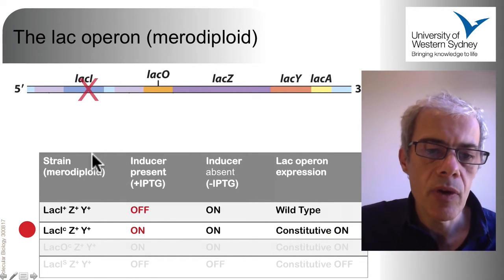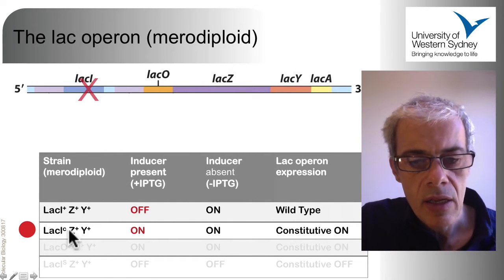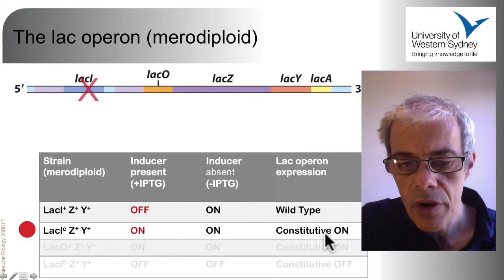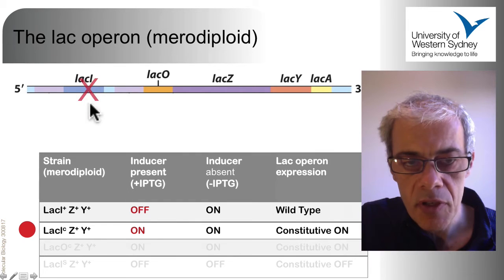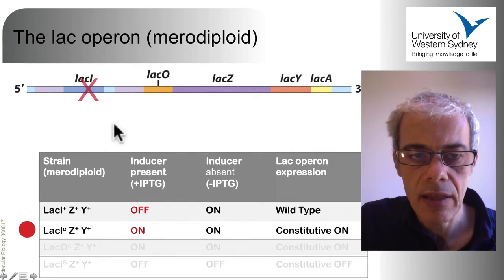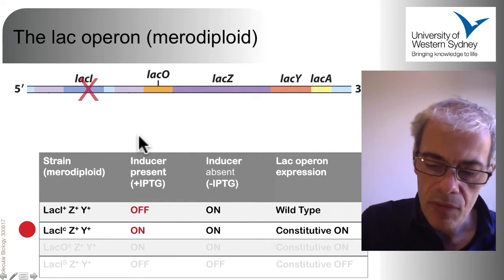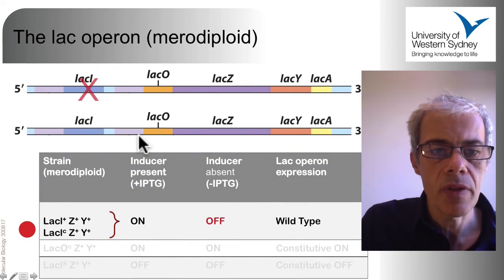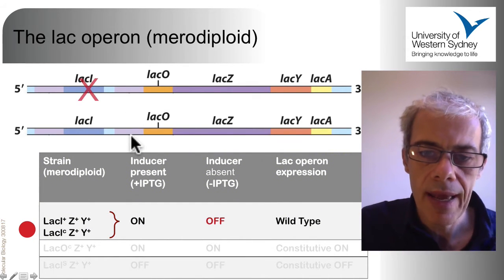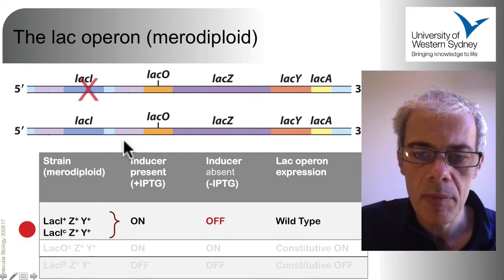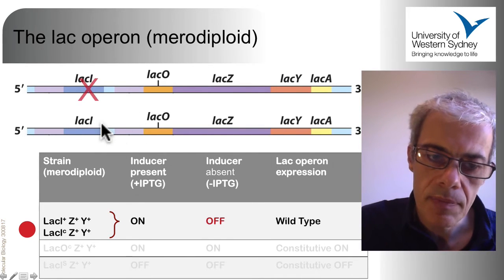So initially we were looking at a strain that was constitutively on, and this was a haploid cell with a single mutation that mapped to the LAC-L gene. They then performed the merodiploid analysis on this by introducing a second copy of the Lac Operon, which was the wild type Lac Operon, into the cell.